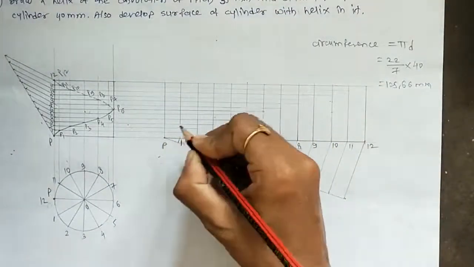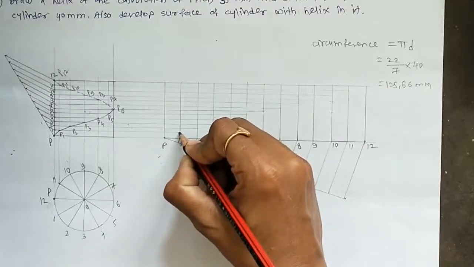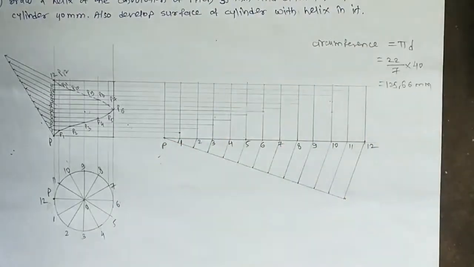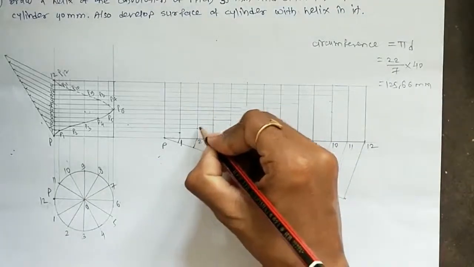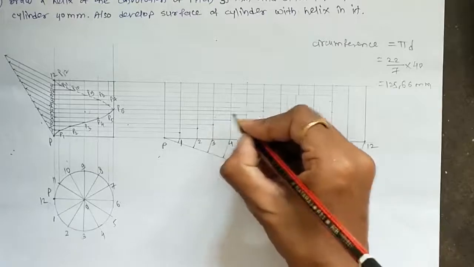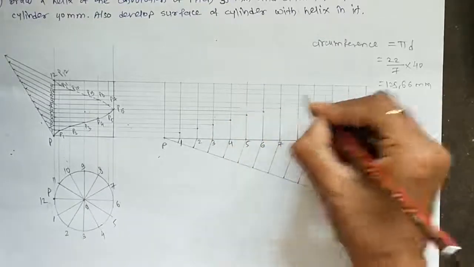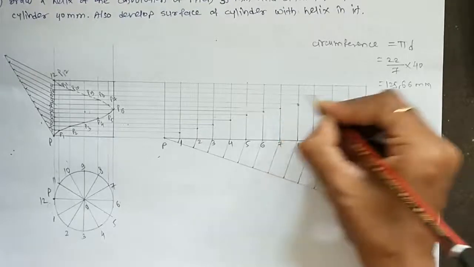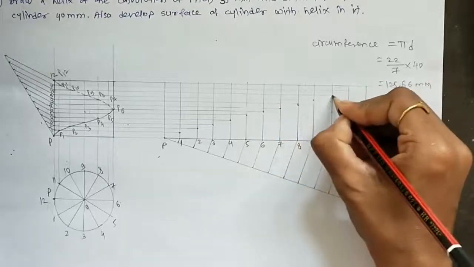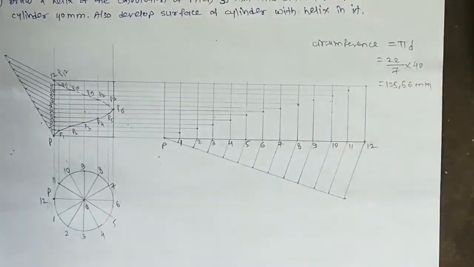So this is point P, then this is point P1, then P2, then P3, P4, P5, P6, P7, P8, P9, P10, P11 and this is the last point P12.